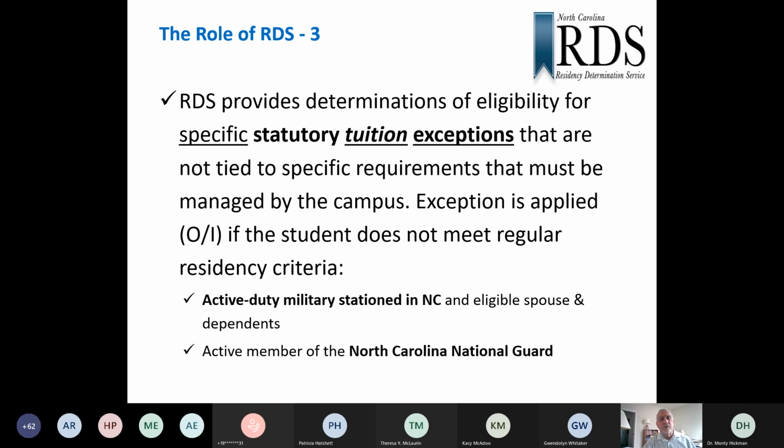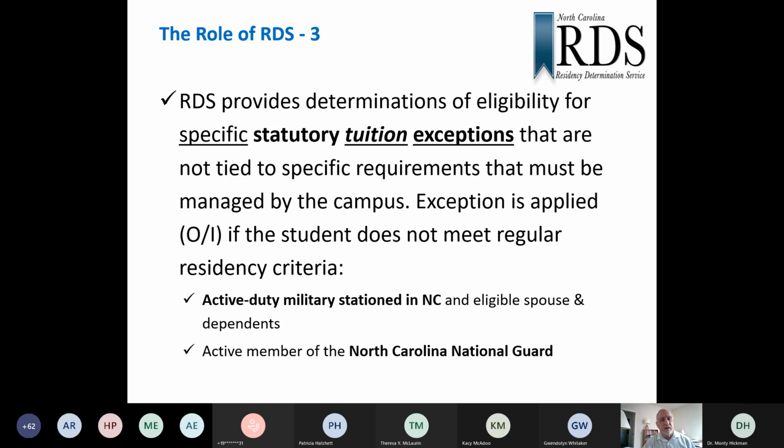There's no way RDS will know that in terms of a future enrollment. But for these categories, the active duty military stationed here and North Carolina National Guard, they don't have to use a benefit, an educational benefit like the veterans do. And you've got to look at something long term, but basically there's no other conditions to it.